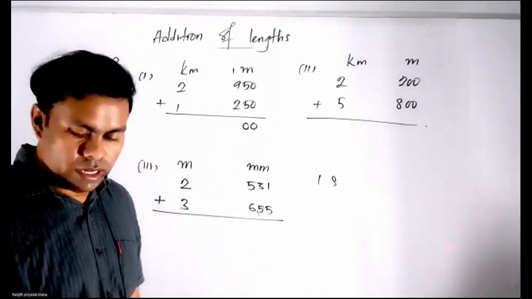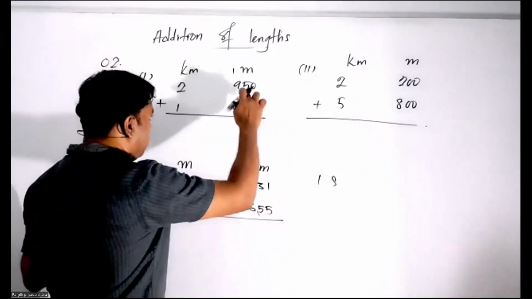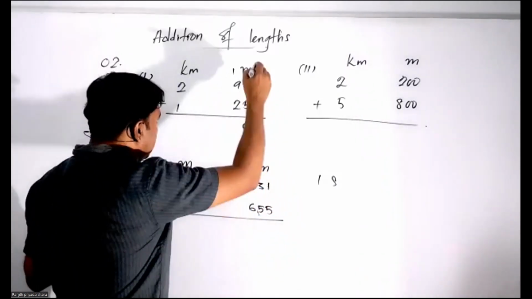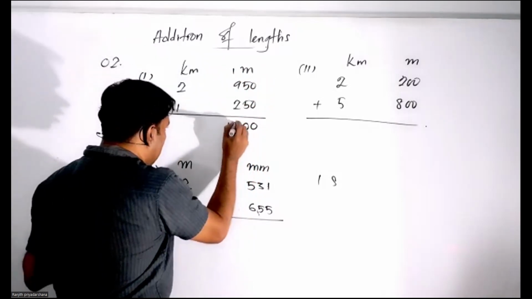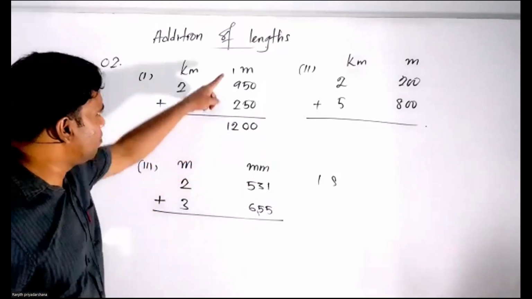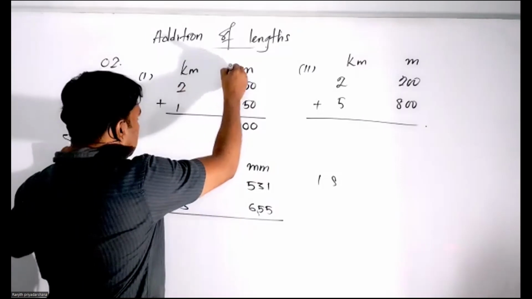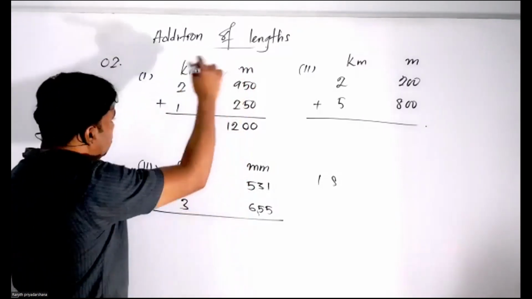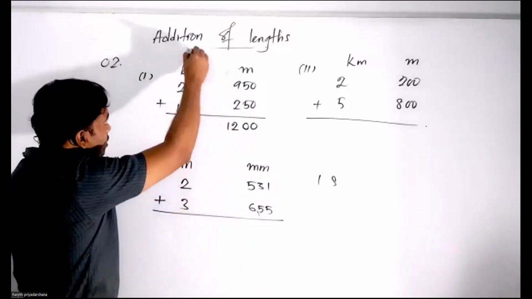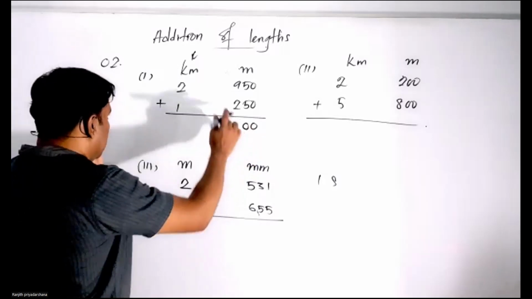I think you can clearly hear me. 0 plus 0 is 0. 5 plus 5 is 10. Remainder 1. 9 plus 1 is 10. 10 plus 2 is 1200. But the problem is, 1000 meters equals 1 kilometer. So we take that 1000 here. අපි 1000ක් ගන්නවා මේ පැත්තට. Then what remains? Only 200.